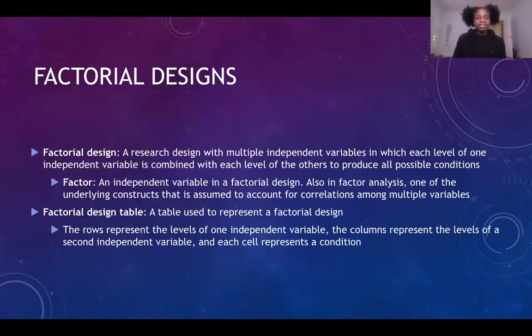A factorial design is a research design with multiple independent variables in which each level of one independent variable is combined with each level of the other to produce all possible conditions. Each level of one independent variable, also known as a factor, is combined with each level of the others to produce all combinations.